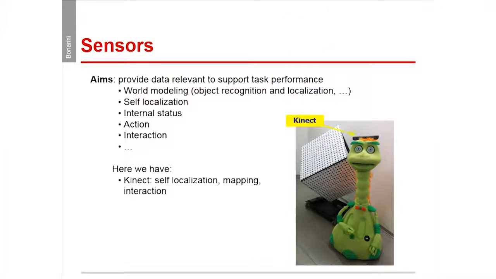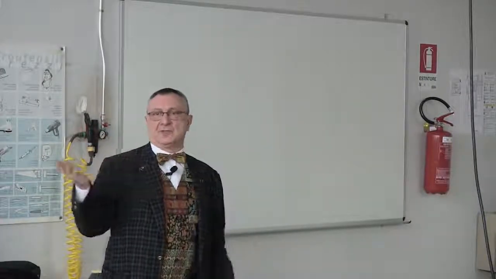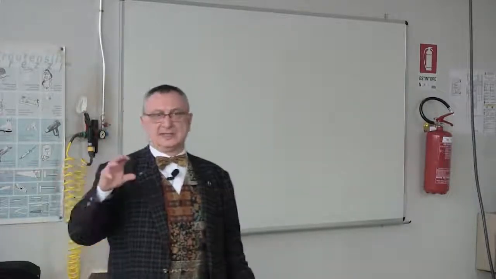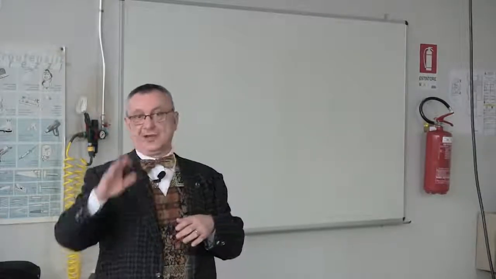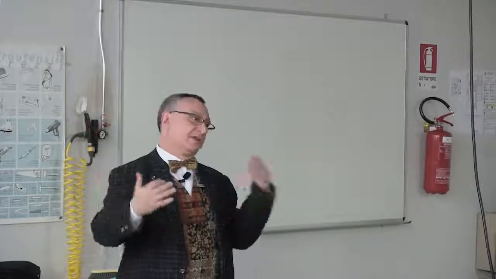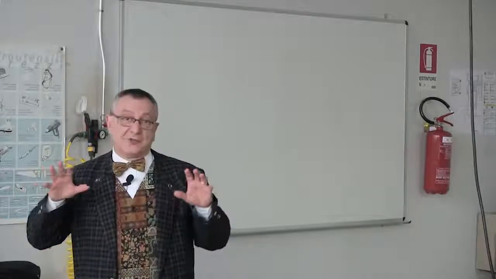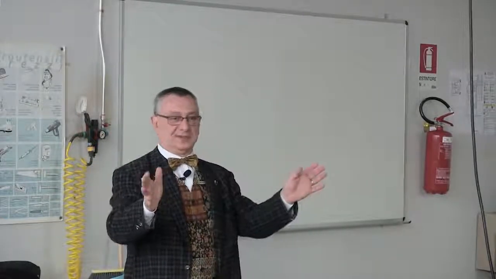In this robot, we have a Kinect. Do you know what a Kinect is? Kinect is a device used for games that has a camera, used to detect the user playing in front of a screen. And while the user is moving, Kinect is able to detect the movement of the user and to provide also a 3D image of what is in front.